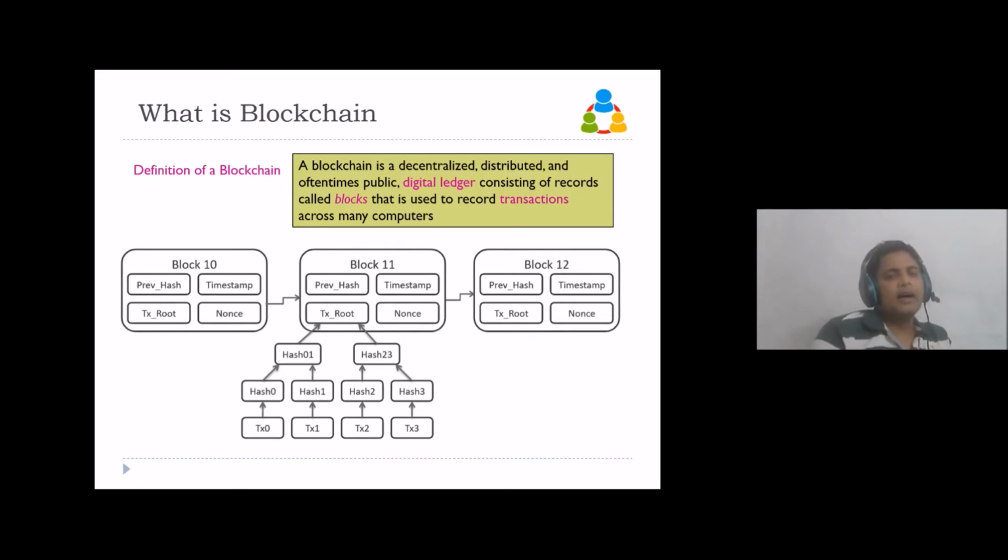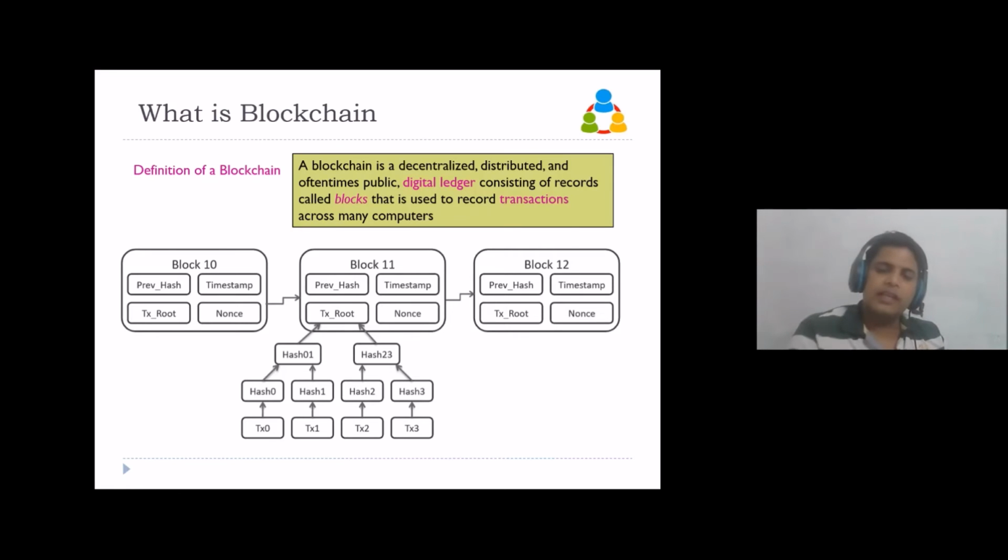And the reason why I said that the blockchain transactions are immutable is that these transactions are obviously written as transactions, but there will be another piece of information which is called a transaction root.